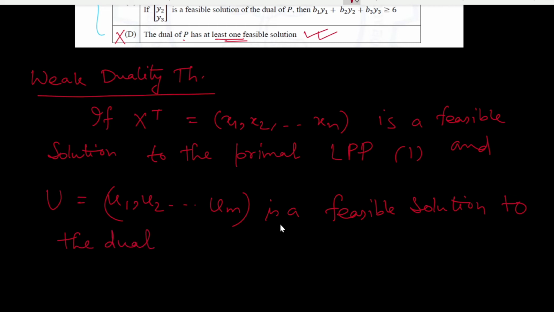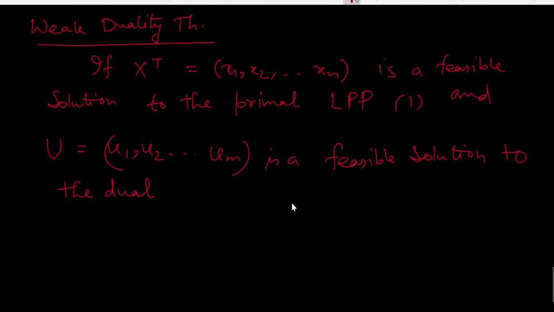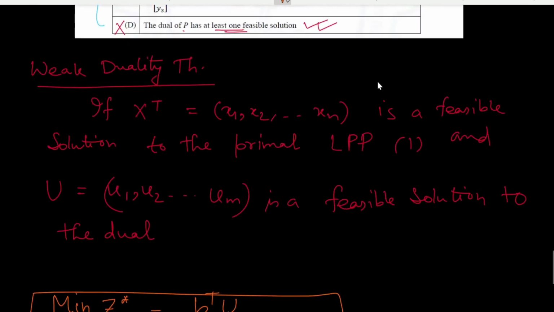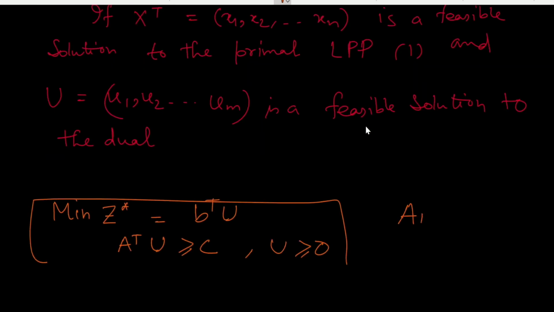We know the dual of this LPP; first we write the dual: min z star equal to B transpose U, where A transpose U greater than or equal to C and U greater than or equal to 0. This is the dual problem of the above primal problem, where A is an m by n order matrix and B is an m by 1 order matrix.